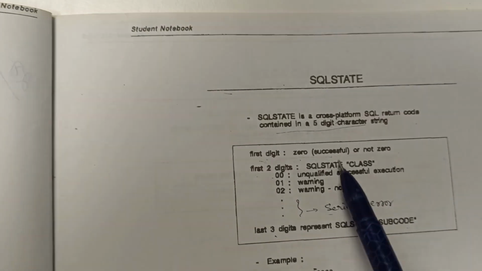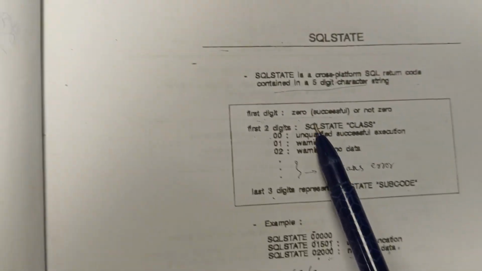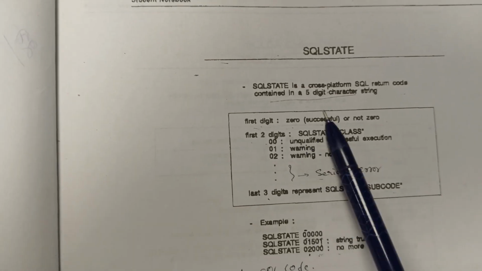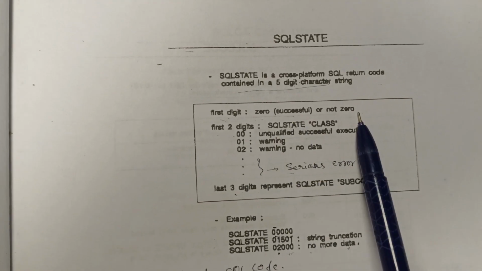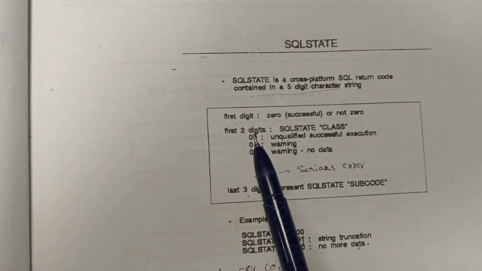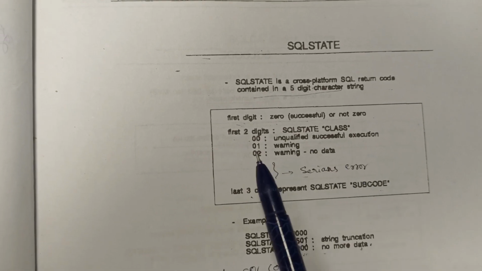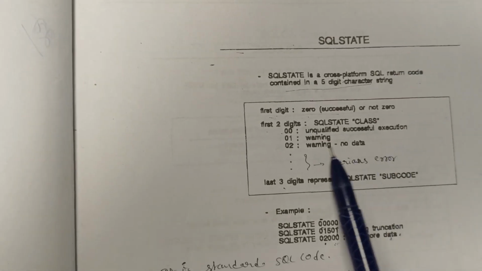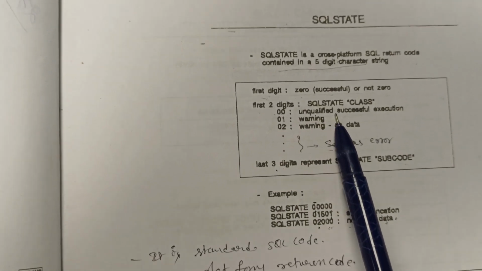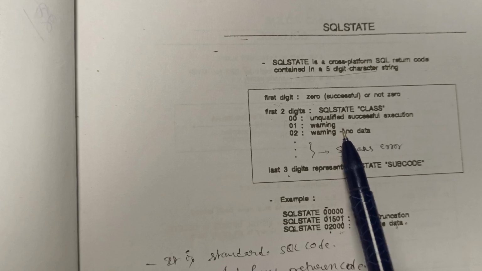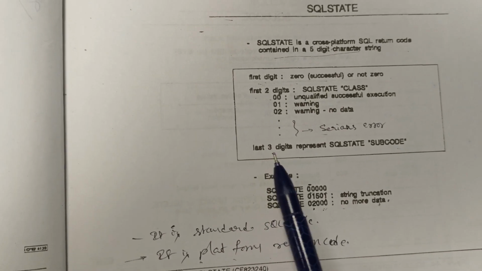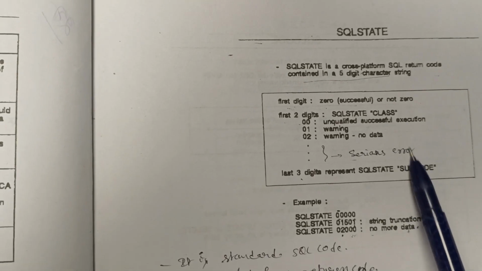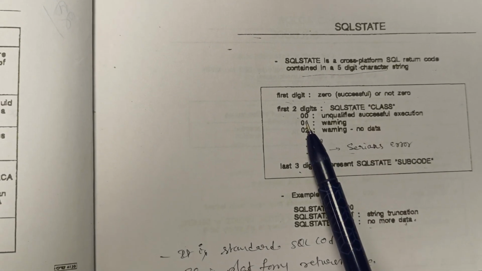Let's see what SQLSTATE is. We have already seen that SQLCODE has only 3 digits, but SQLSTATE has 5 digits. The first 2 digits are the SQL code class, and 00 means unqualified successful execution, 01 means warning, and 02 means warning, no data found.